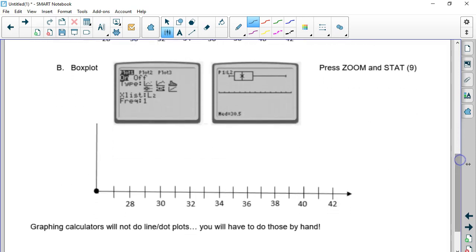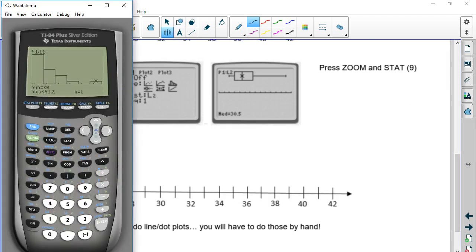And then last but not least, if we wanted to run a box plot, we do the same thing. So we go to second Y, hit enter, and now we're going to go to a box plot. We're choosing this first one right here. And then we're going to hit zoom stat 9 again.